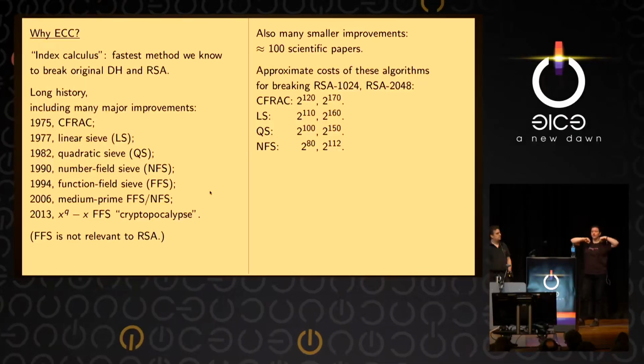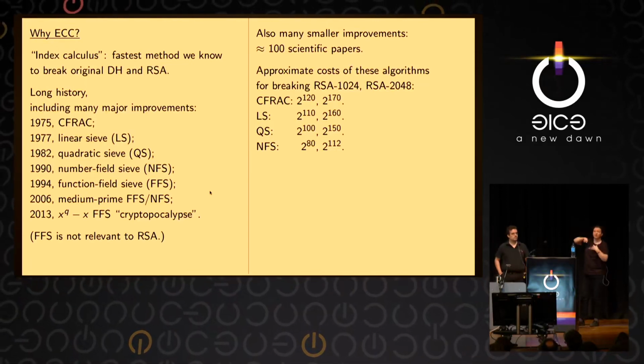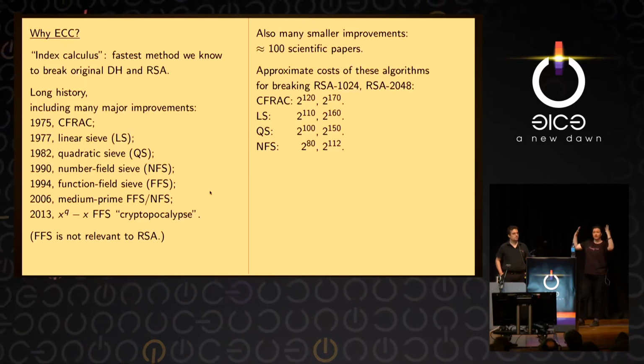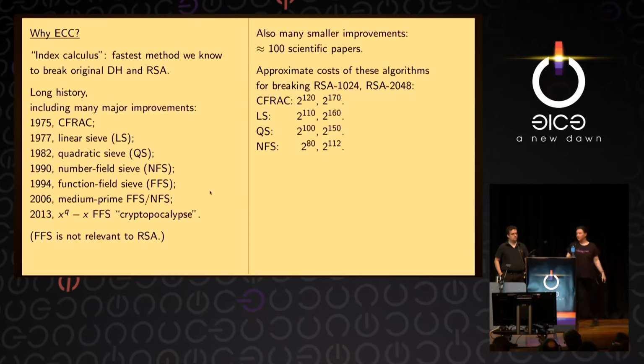So there's a big decrease from 2 to the 120 operations down to 80. And actually, it's not just losing 40 in the exponent, it's much bigger than that. It's something which takes 170 down to 112. So it's not just a linear decrease, it's more than linear decrease in the exponent.